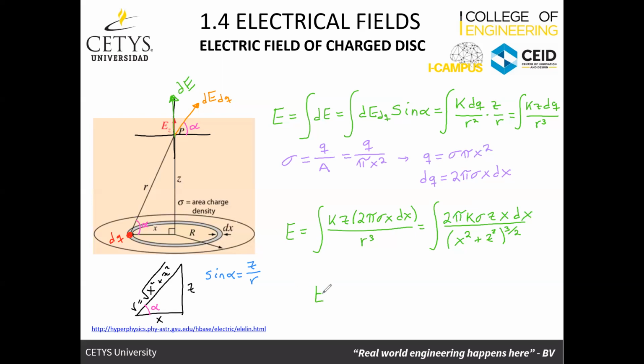And there's a bunch of things there that are constants that we can bring out of the integral. So this is going to be E equals, we can bring out the 2, the pi, the k, the sigma, the z is constant as well. And we're going to be left with the integral of x dx divided by x squared plus z squared to the 3 halves.